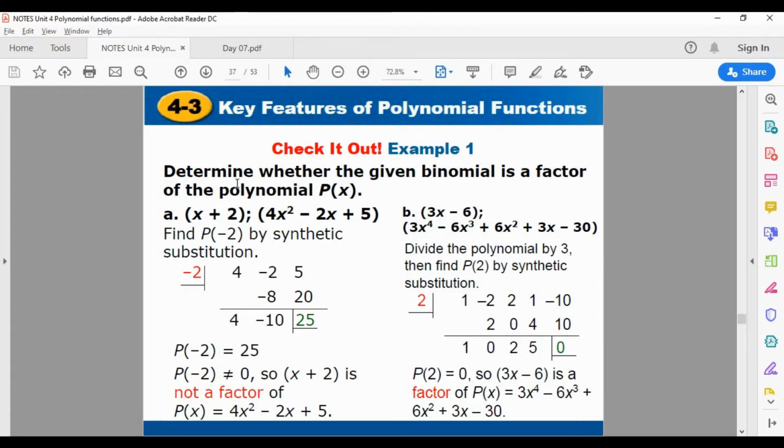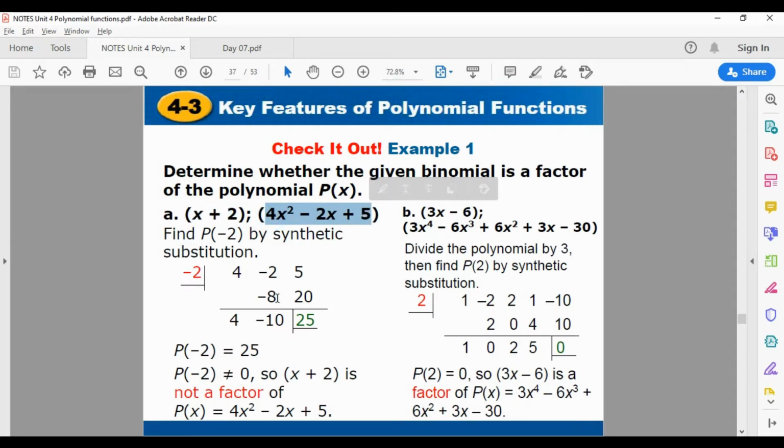If you look at this, we're kind of combining two things into one when we're talking about the synthetic substitution. First off, the x plus 2, is that a factor of this polynomial here?